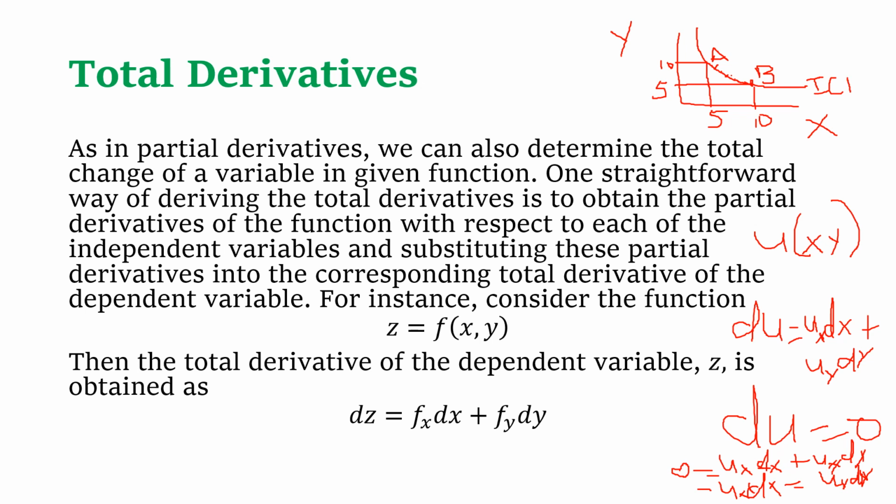You have minus u_x over u_y, and then you multiply throughout by 1 over dx. The dx cancels, and then you have dy.